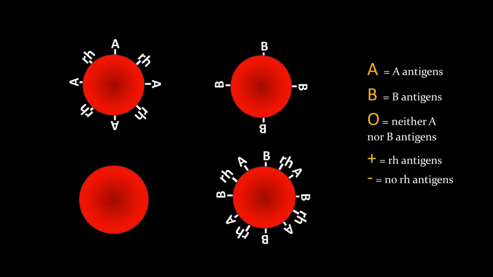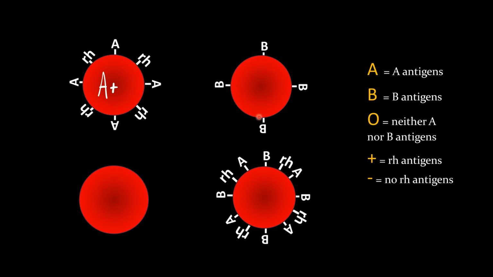So on this slide, I have made a couple different red blood cells that all have different antigens hanging off of them. Based on the antigens present here, what is the blood type? So that is A positive because it has an A antigen, positive because it has the Rh antigen.